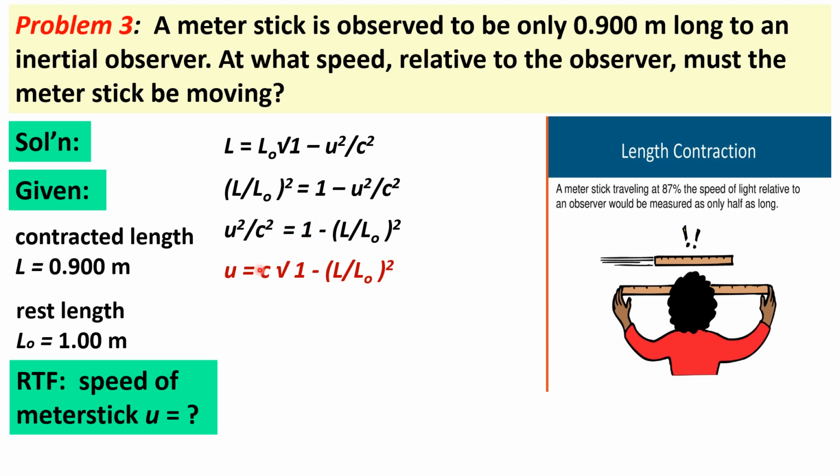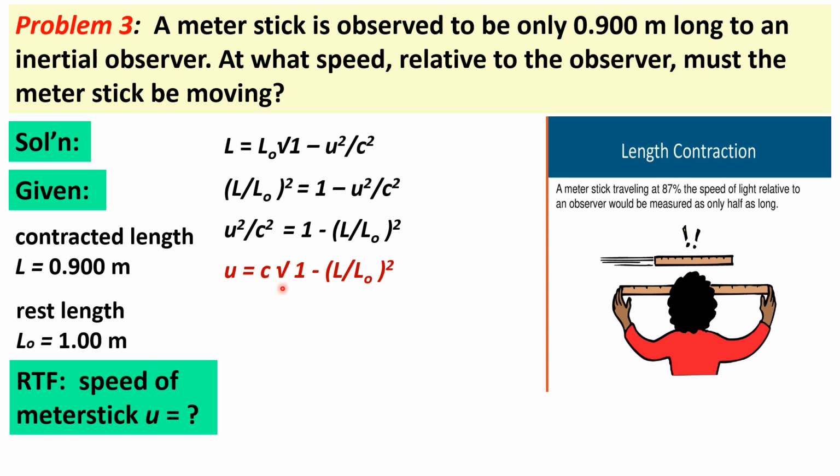The square root of u squared, of course, is u, while the square root of c squared is c. And we simply put the radical sign for the quantity 1 minus the quantity L over L naught squared.